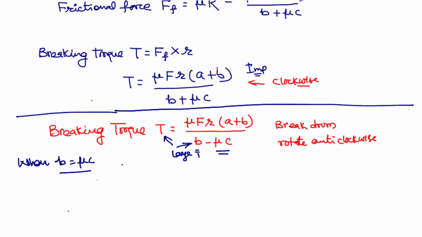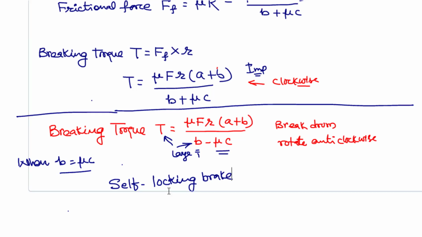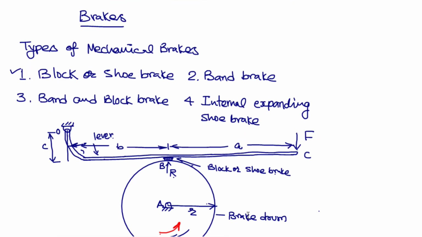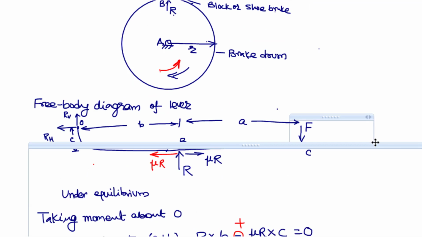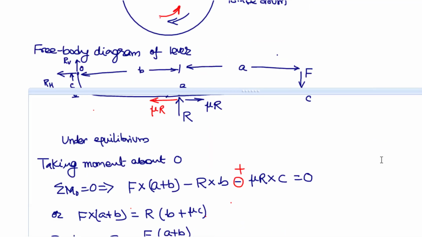This type of brake is called a self-locking brake. It depends on the direction of rotation of the brake drum.